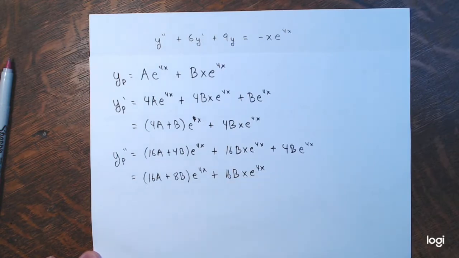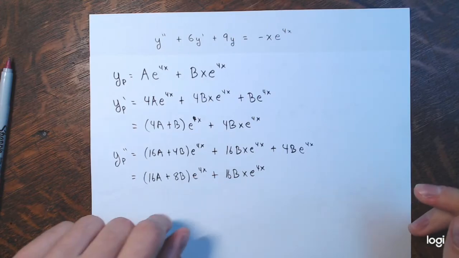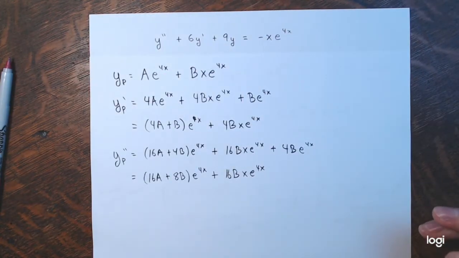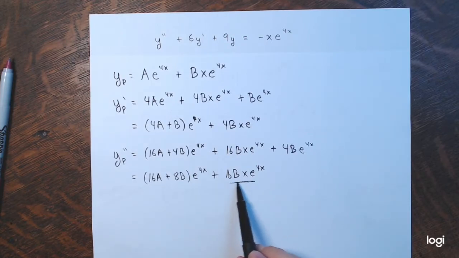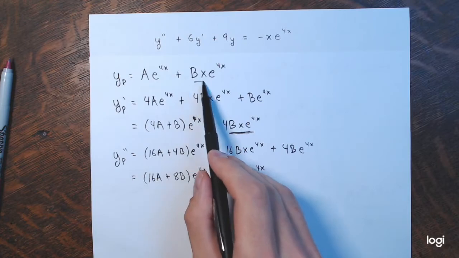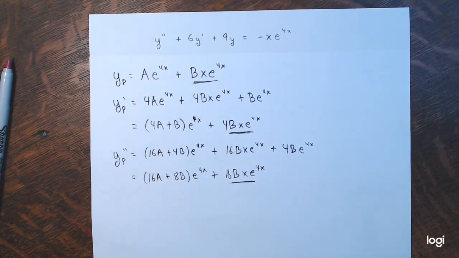All right. Now, putting these expressions into the equation up top would give me the following. I'll focus on these x e to the 4x terms first, and then I'll focus on just the e to the 4x terms.